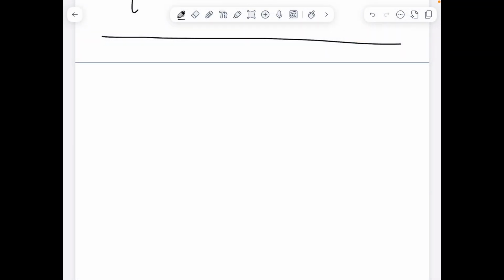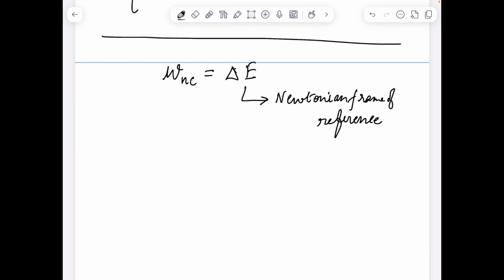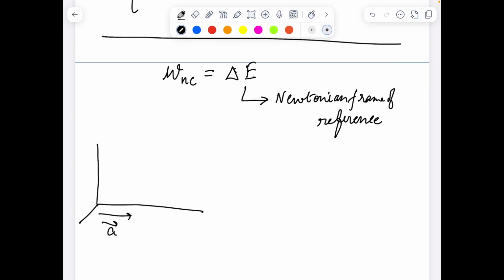Okay, so when we looked at the work energy theorem, we said the work of the non-conservative force is equal to the change in the mechanical energy of the system, right? Of course we considered that for a Newtonian frame of reference. But what if we have a frame of reference that moves with acceleration a? So say this frame of reference has an acceleration a, and we consider a mass m on which we want to apply the work energy theorem.